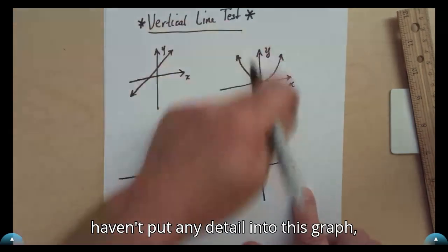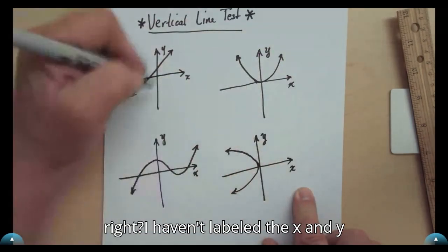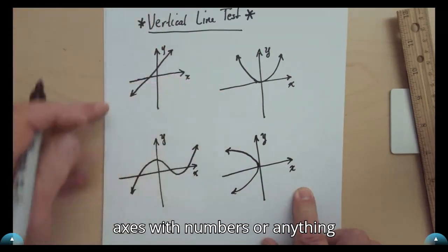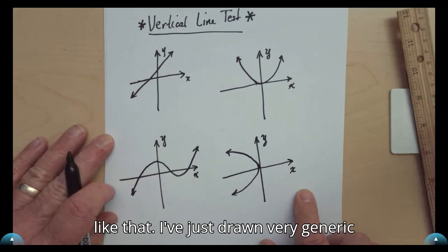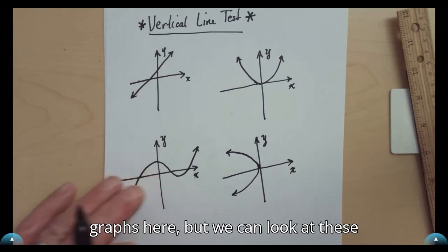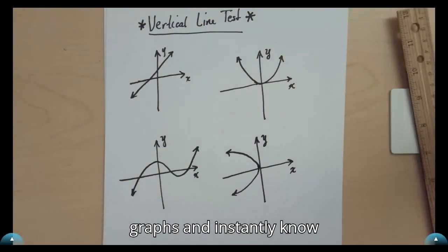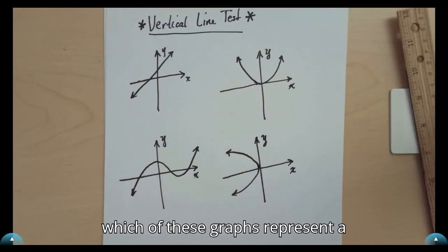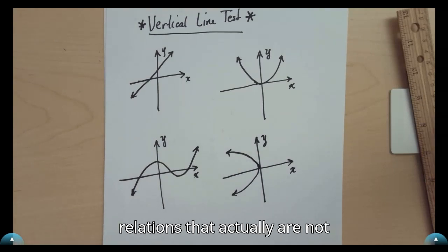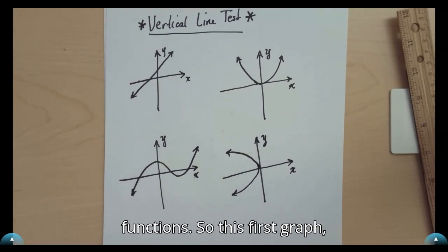I haven't put any detail into this graph, right? I haven't labeled the X and Y axes with numbers or anything like that. I've just drawn very generic graphs here, but we can look at these graphs and instantly know which of these graphs represent a function and which of them represent relations that actually are not functions.